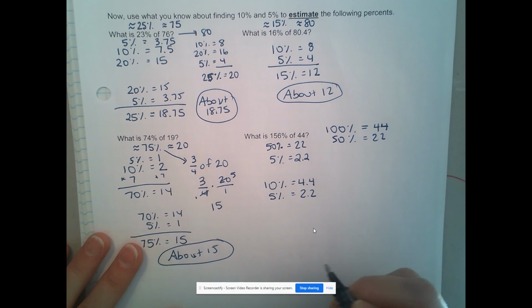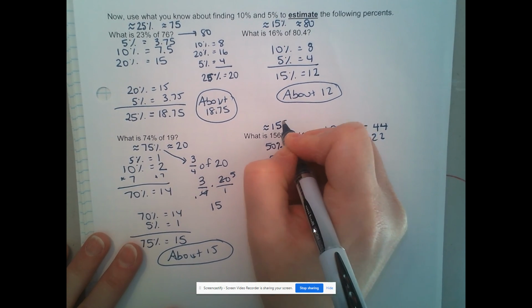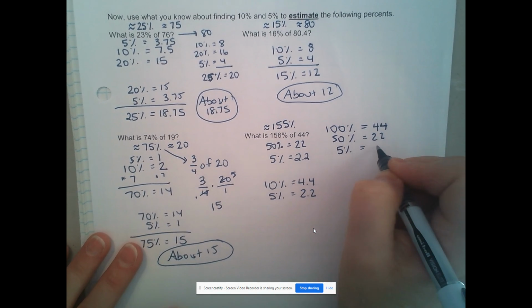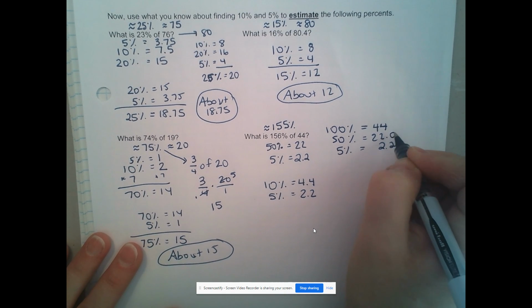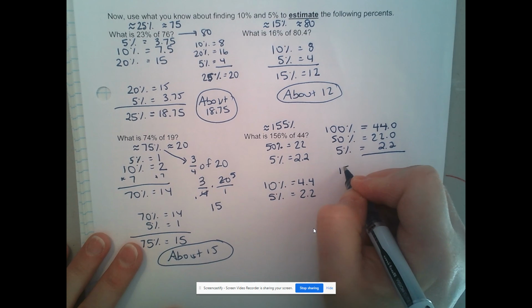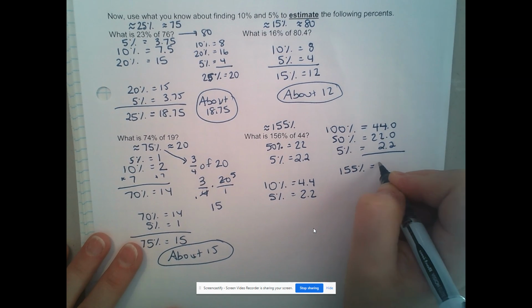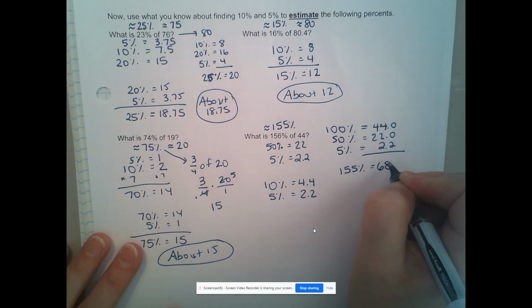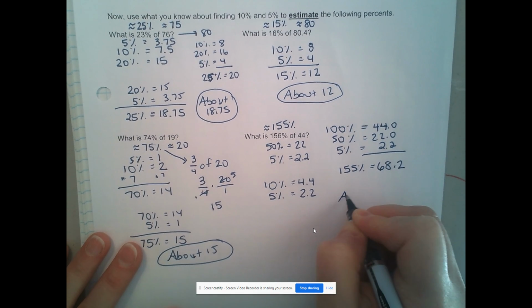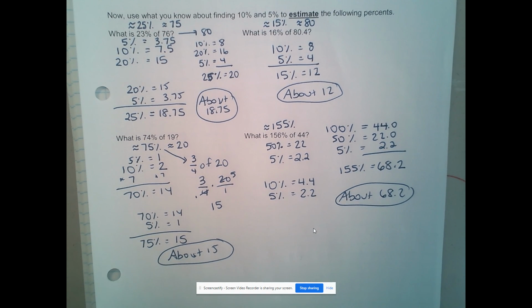Whichever way your brain works, you still need another 5% to get close to 155%. And notice how I set these up. So I have my decimal points lined up when I add them. I'm going to have 155%, which is 68.2, or I can say about 68.2 using the 10% method.